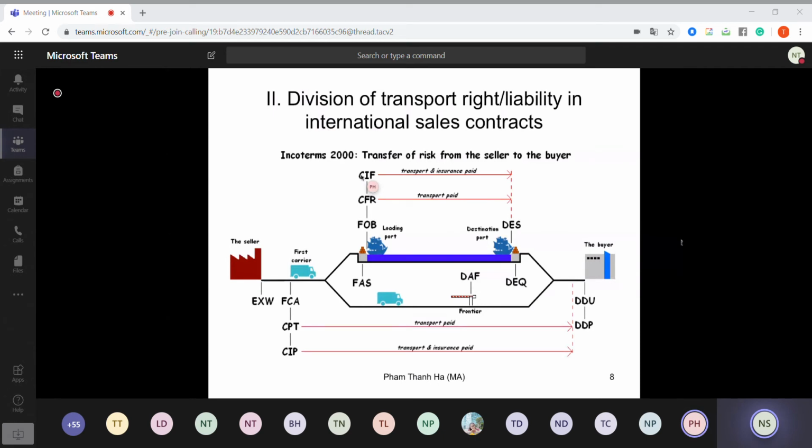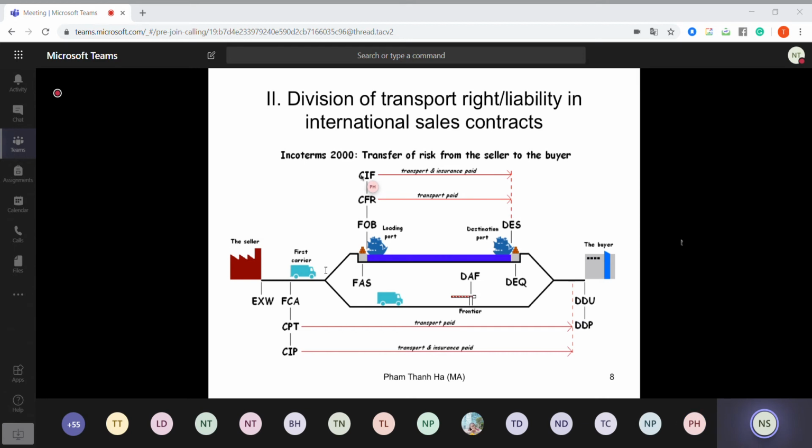Anything else? The second thing is the transfer of transportation. The destination of CIF is a seaport of discharge, and the transfer of transportation of CIP is at the agreed destination in the country of discharge. Exactly. The third thing is the insurance.